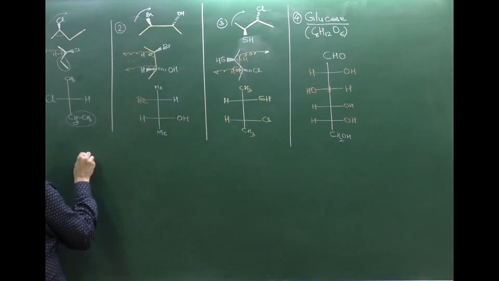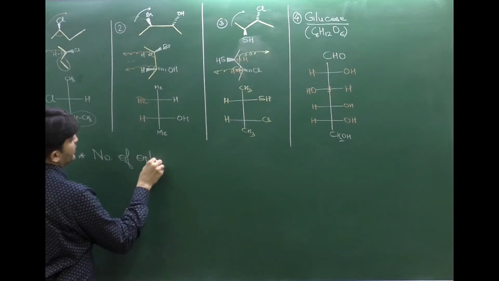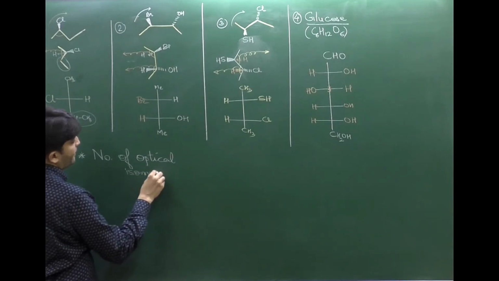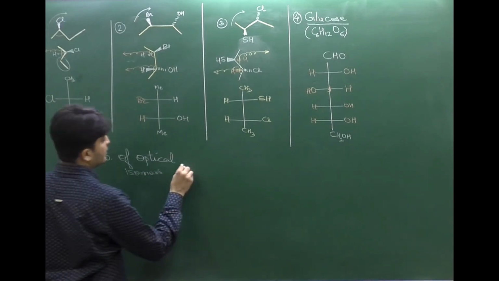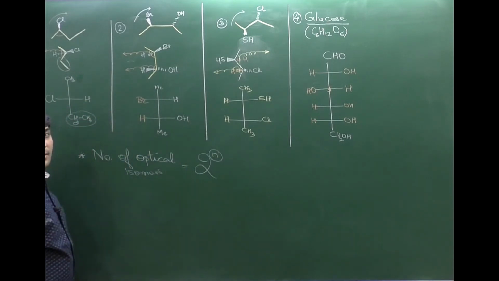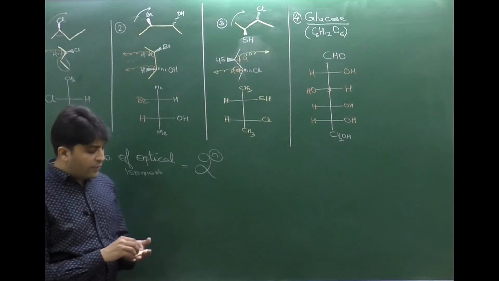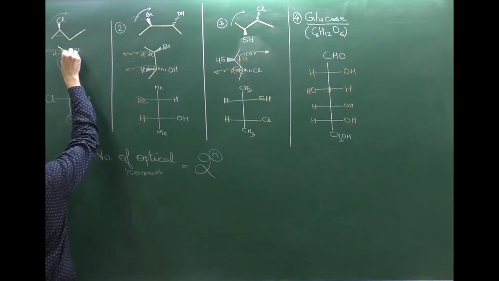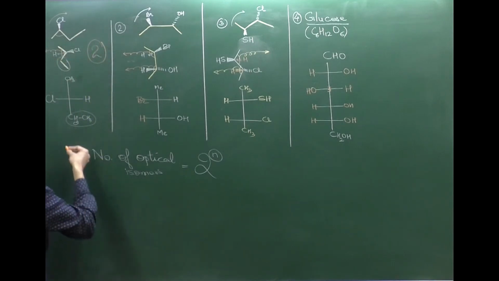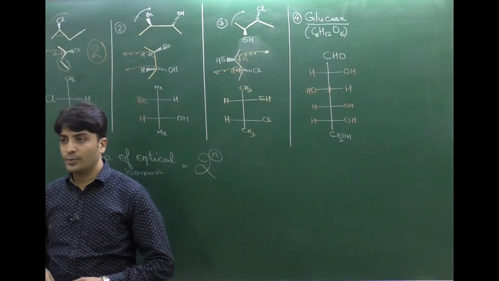Also, one more thing, the number of optical isomers which we can get for a given optically active compound is equal to 2 raised to n, where n is the number of chiral centers or chiral carbon atoms. In the first case, since I had 1 chiral carbon, the isomers would be 2, and we know that one of them will be dextro, the other levo.